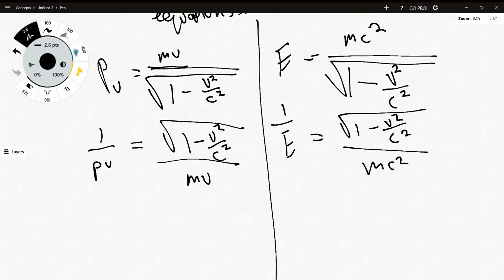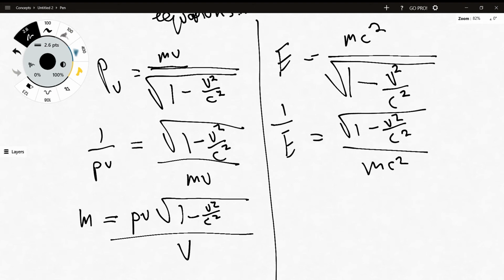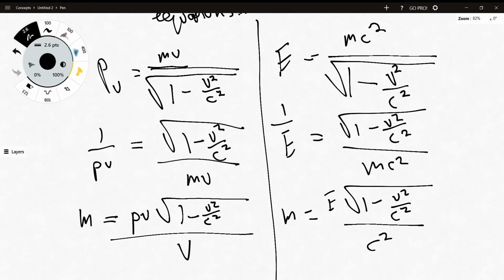And then we just do a little swap. So we go m up here, swap m, go pv, this 1 minus v squared on c squared on v. Then we go here, m equals e, 1 minus v squared on c squared on c squared.